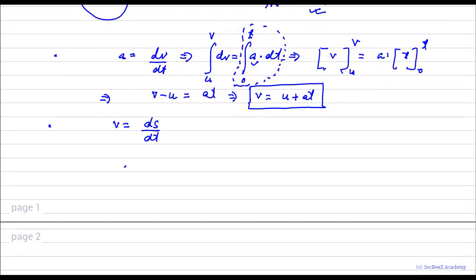So ds can be written as v into dt, and v I can put as u plus at. So if I integrate on both the sides, and let's say at time t equals 0, the displacement was 0. At time t equals t, the displacement is s.